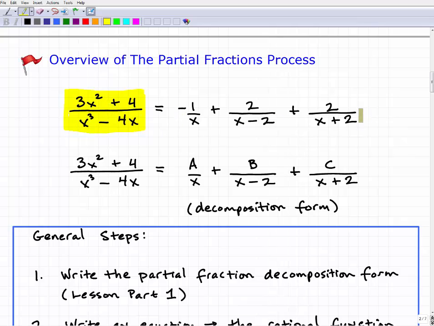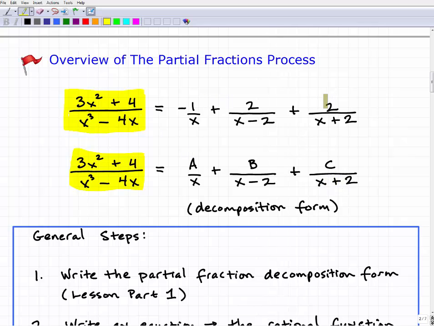What we talked about in lesson part 1 was how to write the decomposition form. In this particular problem, this is the decomposition form. So we basically have a good format of what the answer is going to look like. If you compare the actual answer to the form, you can see we have the denominators all correct. What we don't have is the numerators.